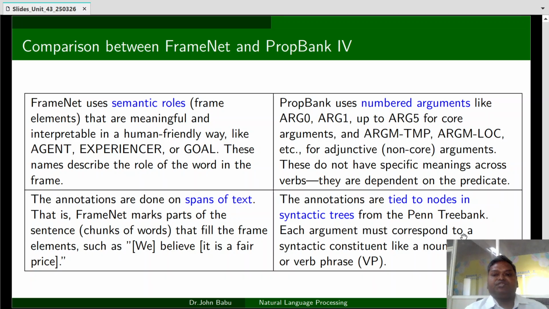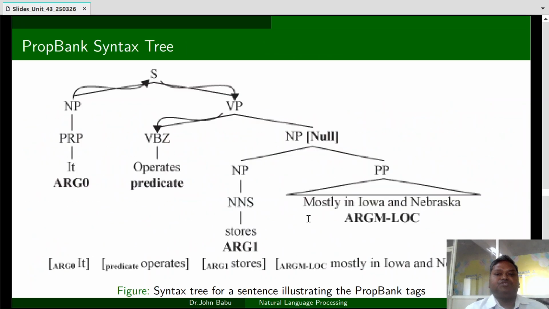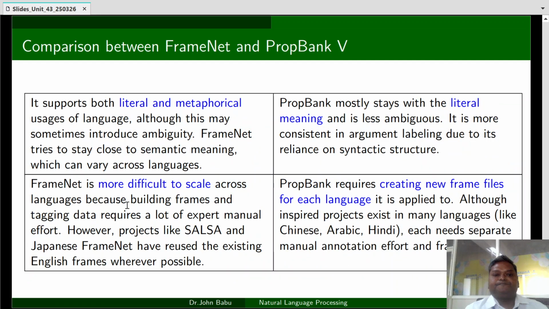Each argument must correspond to a syntactic constituent like a noun phrase, verb phrase, or prepositional phrase. FrameNet supports literal and metaphorical use of language. Even though there may be some ambiguity, it tries to stay close to the semantic meaning. But PropBank stays with the literal meaning. There is no ambiguity at all.